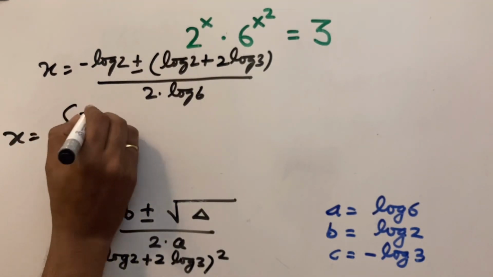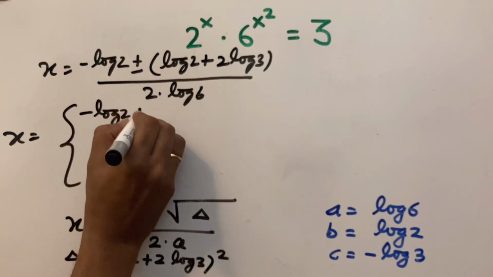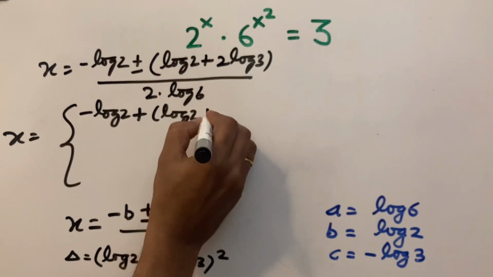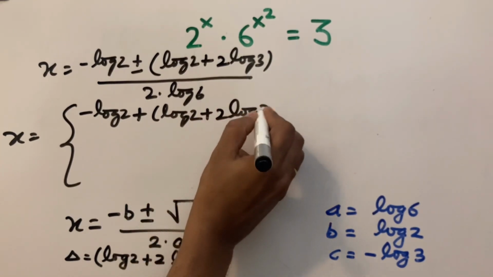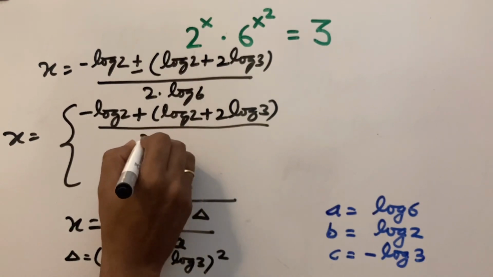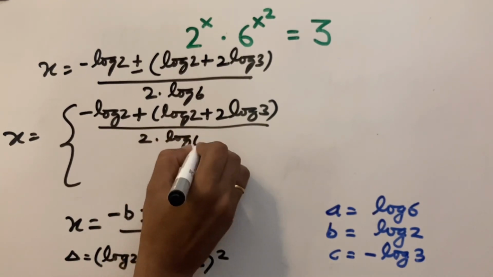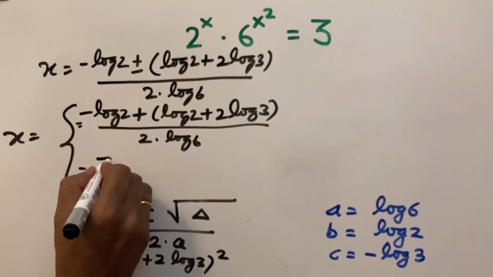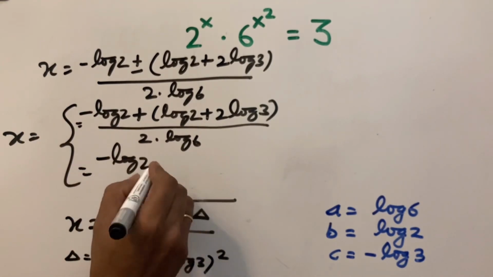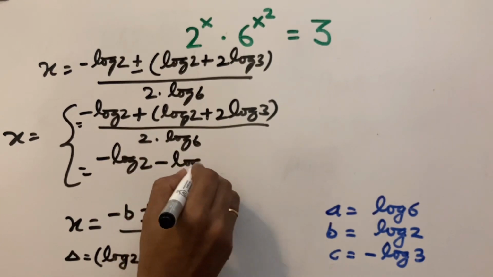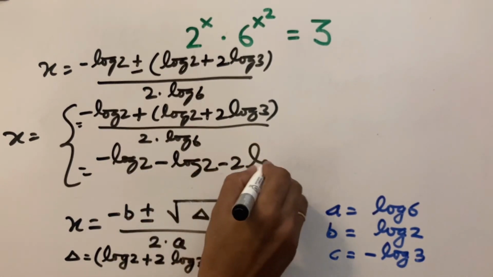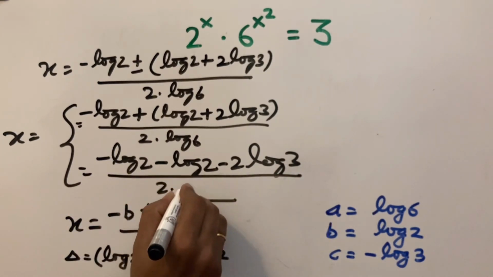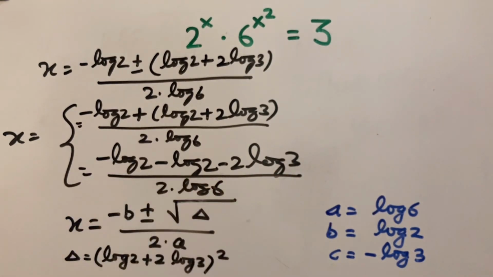First is minus log 2 plus log 2 plus 2 log 3 divided by 2 log 6. And the second value is minus log 2 minus log 2 minus 2 log 3 divided by 2 log 6.